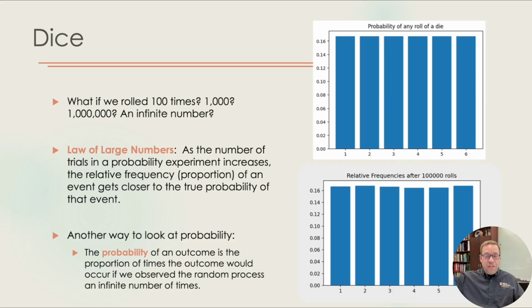If we could get an infinitely large sample size, then the proportion of a particular event would become the probability of that event. So that's a more official way of defining probability. If you still want to stick with it's the ratio of successful outcomes to possible outcomes, that's fine. That's true. That's 100% true. This is looking at more of the official definition of probability.